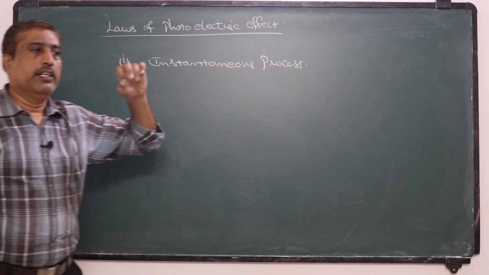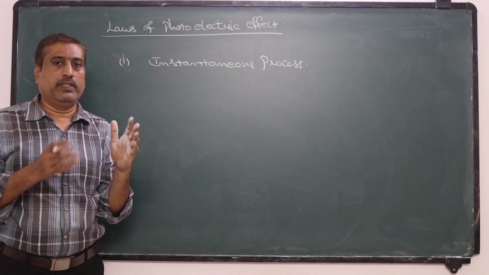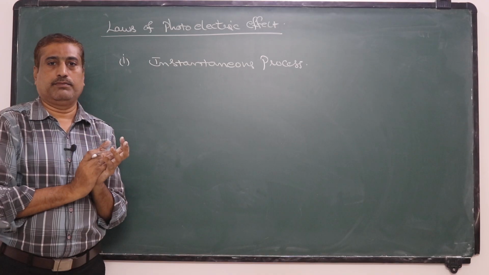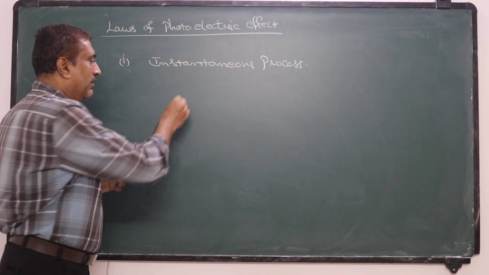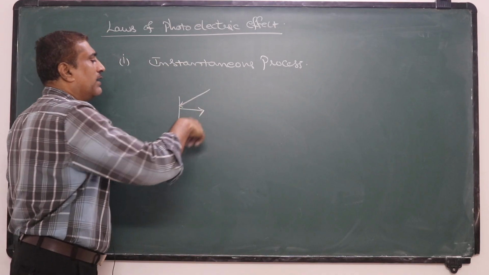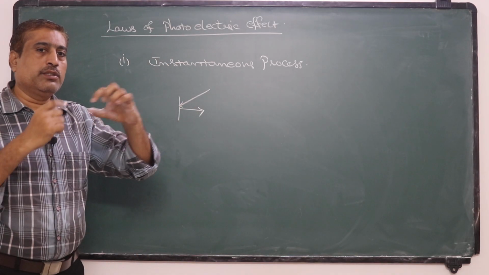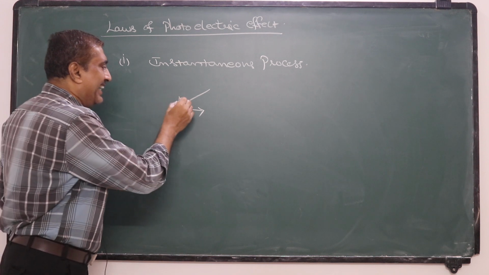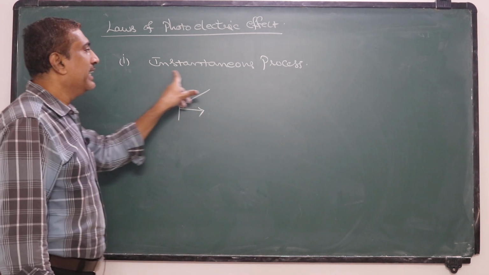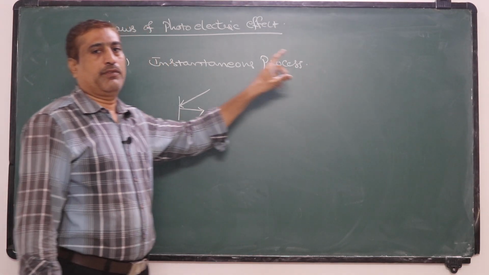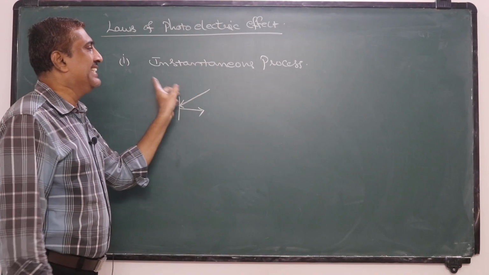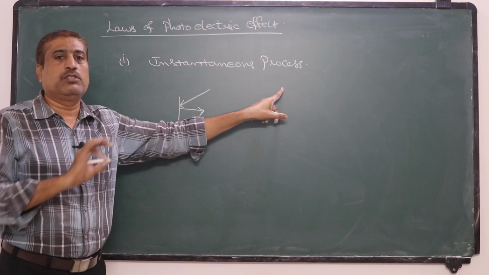That means there is no time lag between the incidence of incident radiation and emission of electrons. When radiation strikes the metal surface, the very next instant photoelectrons are emitted. So that's why it is called an instantaneous process.